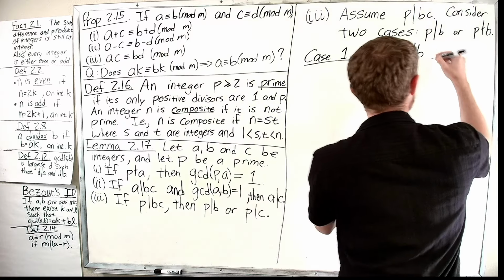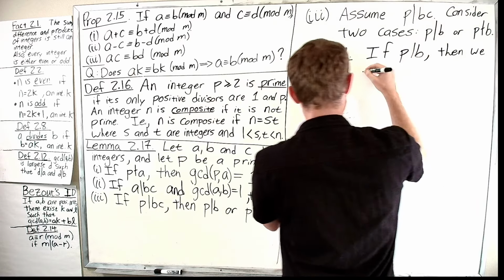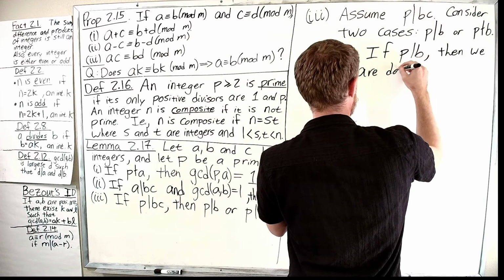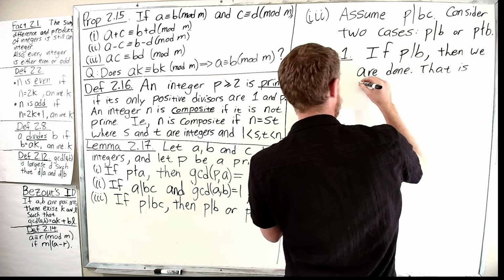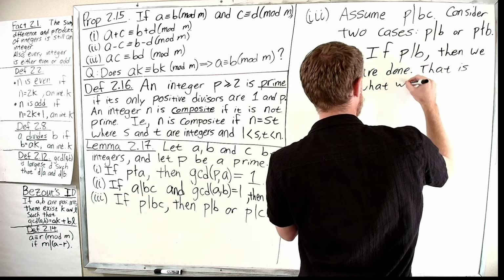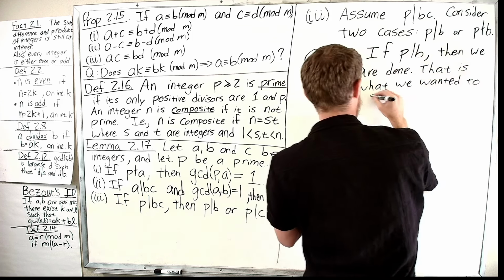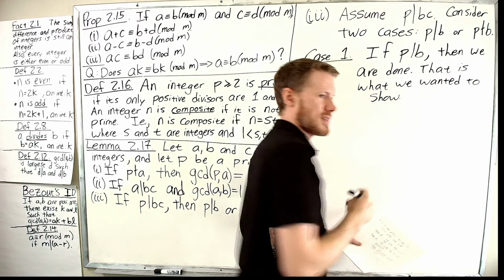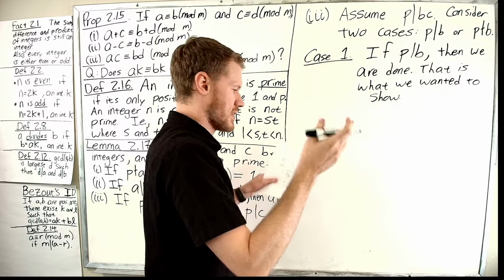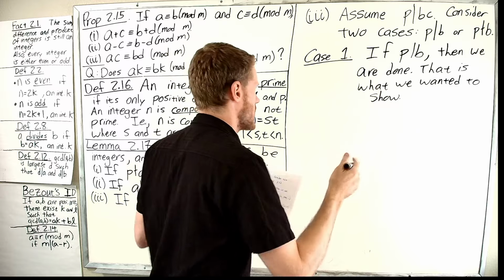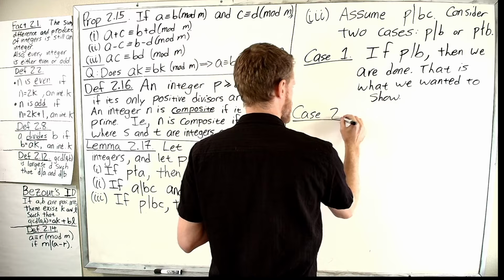So if P divides B, then we are done. That is what we wanted to show. I'm only adding the second sentence to make it clear that there was nothing else that we wanted. We wanted to show that P divides B or C. We assumed it divides B, so we're done. So that was the easy case.